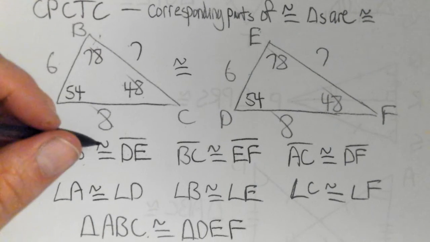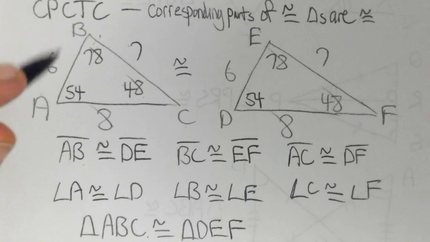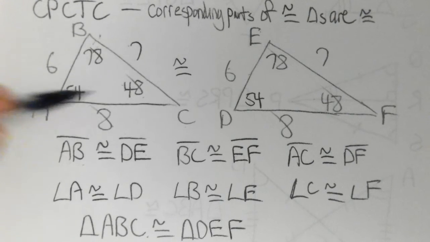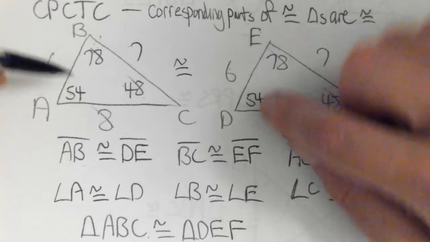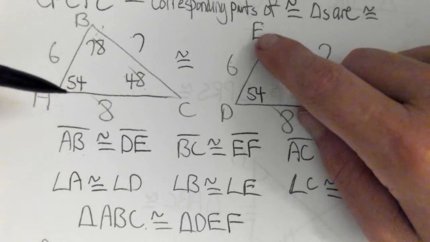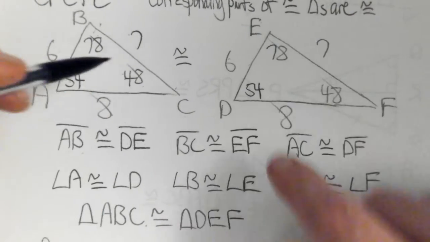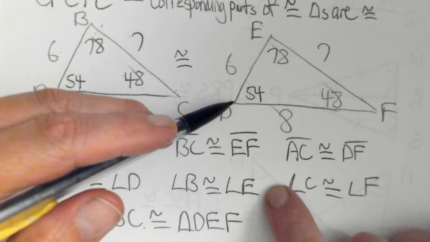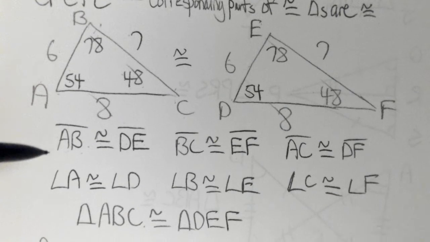Just remember that when you're going through these, they just have to match up correctly. So segment AB is congruent to segment DE. Also, segment BC is congruent to segment EF, and segment AC is congruent to segment DF. That takes care of all 3 sides. Let's look at the angles.